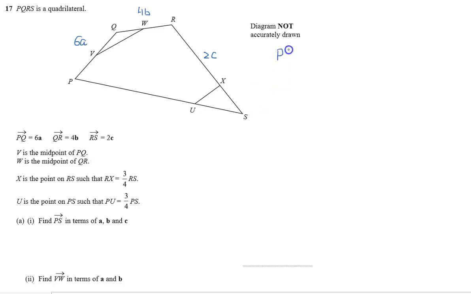So PS is equal to PQ plus QR, PQ plus QR plus RS, and that is PQ is 6A, QR is 4B, and RS is 2C.